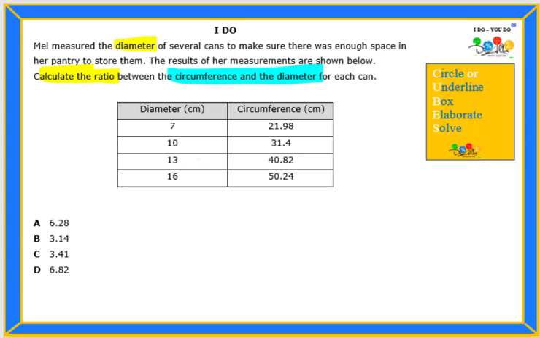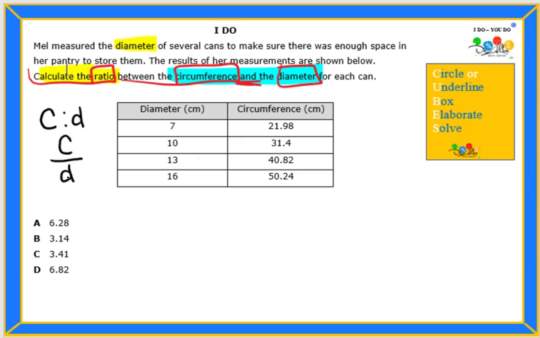So again, the question is saying calculate the ratio between the circumference and the diameter. So we are going to do the circumference to the diameter, which we will write as the circumference divided by the diameter.